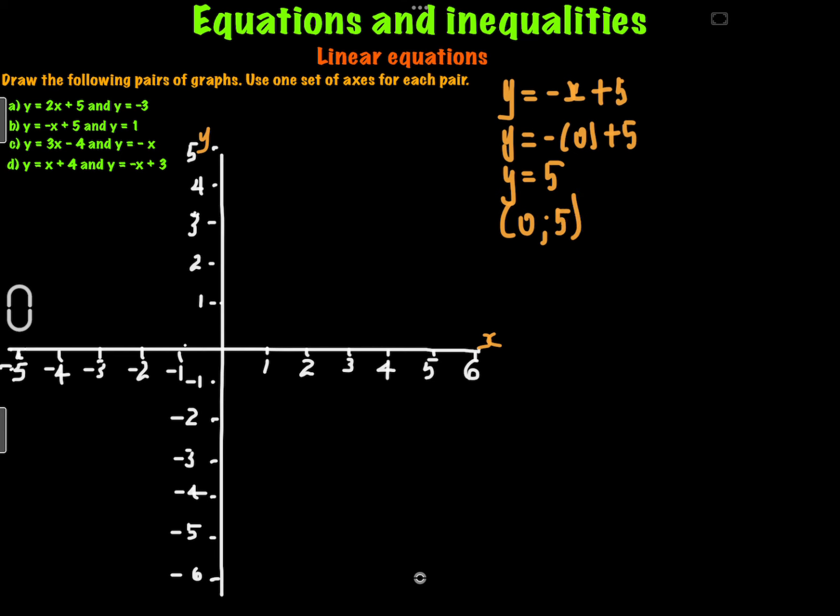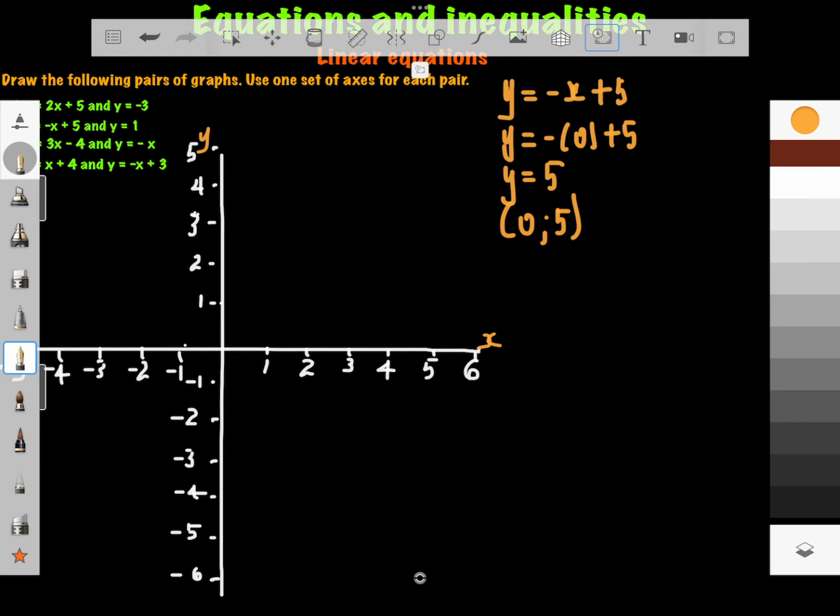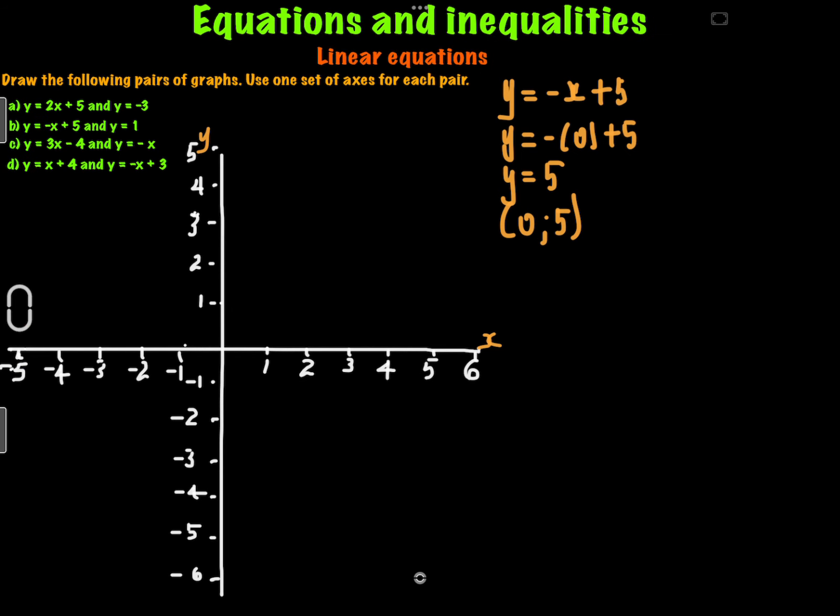Moving forward, we now make y 0 to find the value of x. So y equals negative x plus 5. When y is 0, let's see what happens.